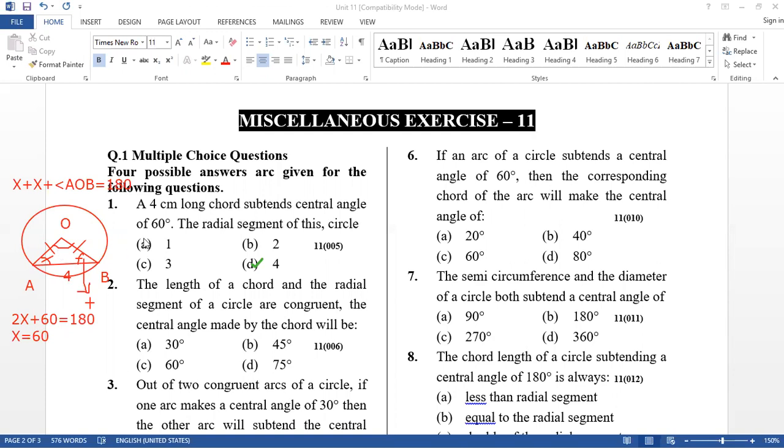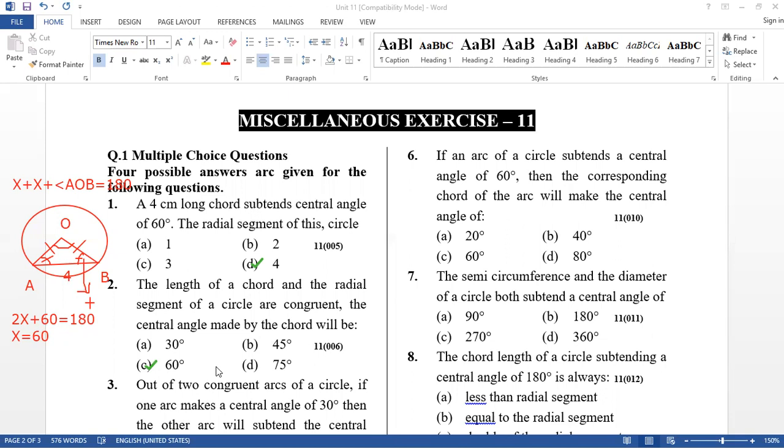As I explained in the first MCQ, the radial segment and chord length were equal, so consequently the central angle was 60 degrees, as it was given in the first part as well. If we do the same MCQ via calculation, we get the exact answer, 60 degrees.